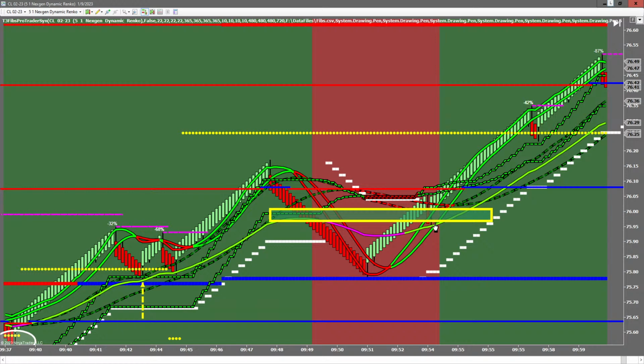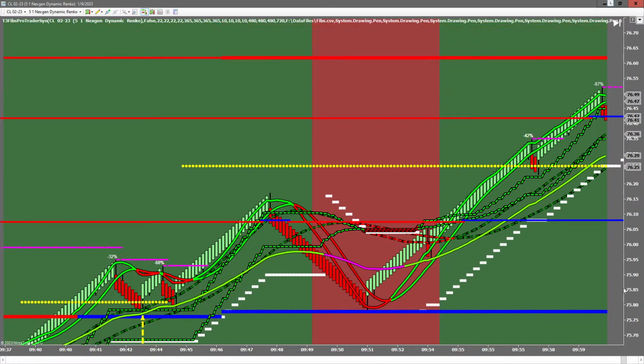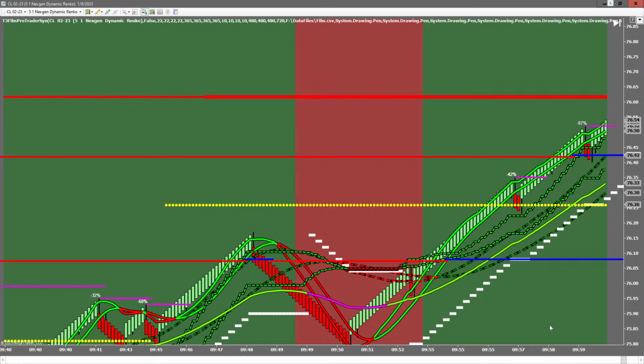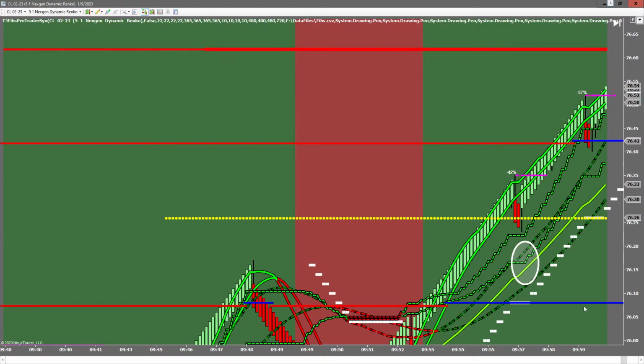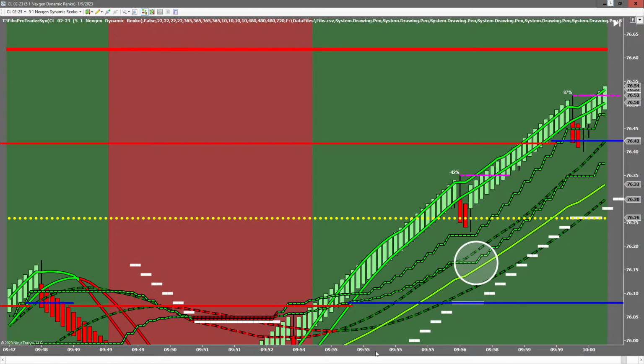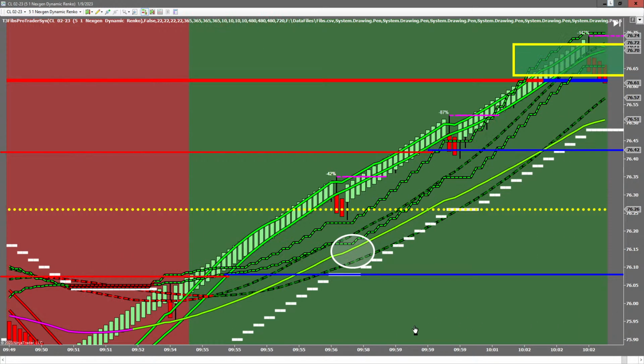If continuation isn't in your plan, then you're probably not doing it. You were probably waiting for something over here, realistically. I don't know what you guys were doing live, but you're probably waiting for some type of long trade right there that never came.